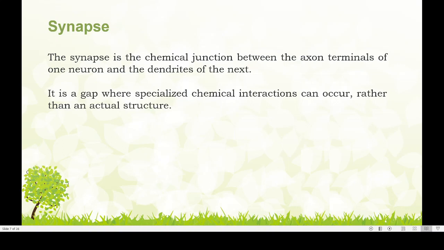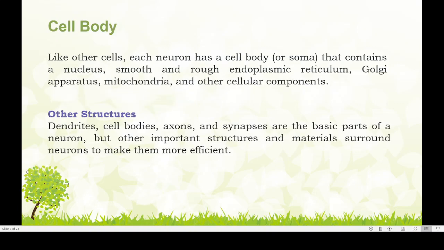From the synaptic gap, it will be transmitted with the help of acetylcholine or neurotransmitter to the dendron of the next neuron. So this is how the chemical transmission of messages normally goes on, and this area between two neurons, or junction between two neurons, is known by the name synapse, and it is basically a chemical junction.